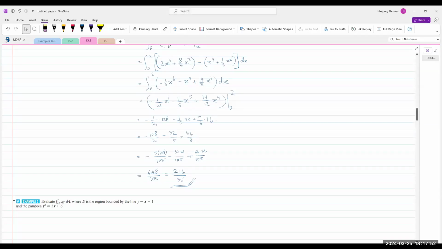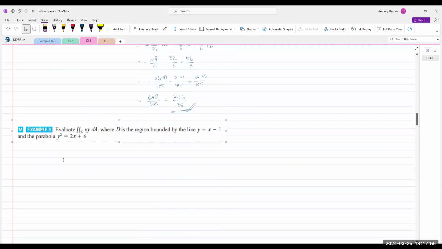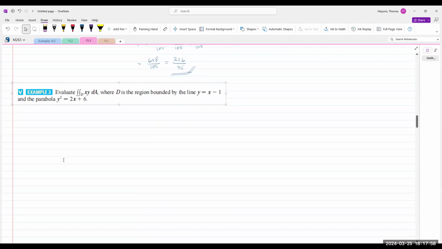Okay, let's try again with example 3. Evaluate the double integral over D of xy. Oh, that's very, very nice. They already tell us the integral. We just need to set up the D, huh? Okay. y equals x minus 1.